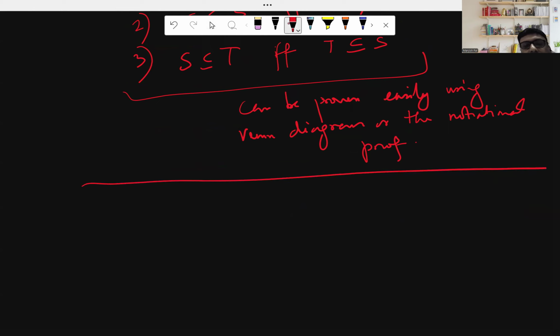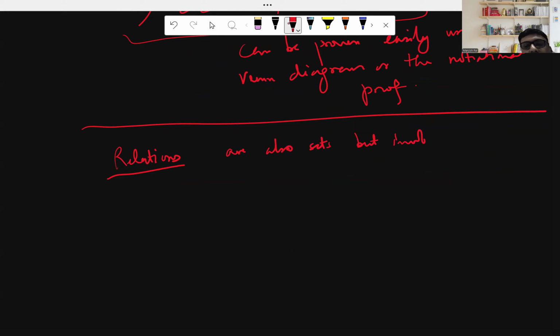Relations are also sets, but involving pairs of sets.